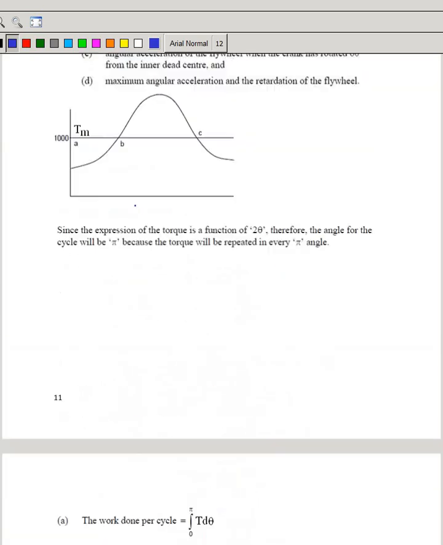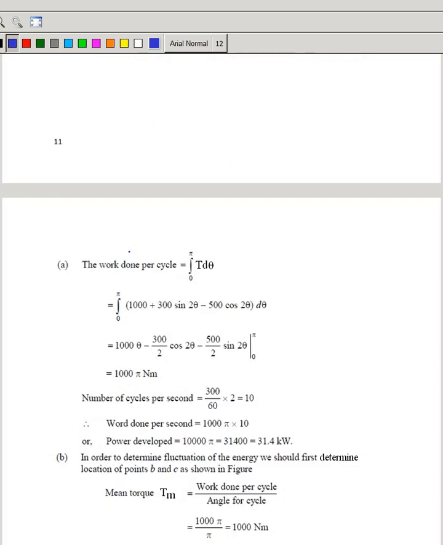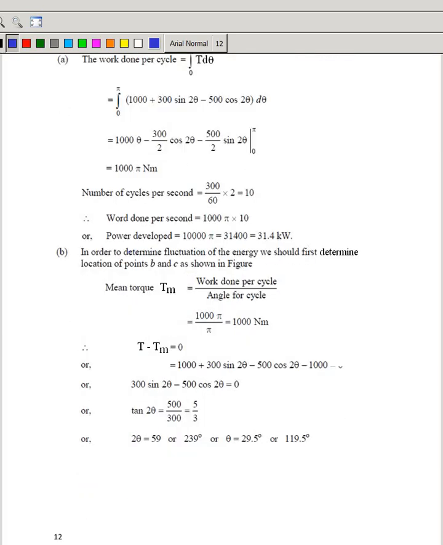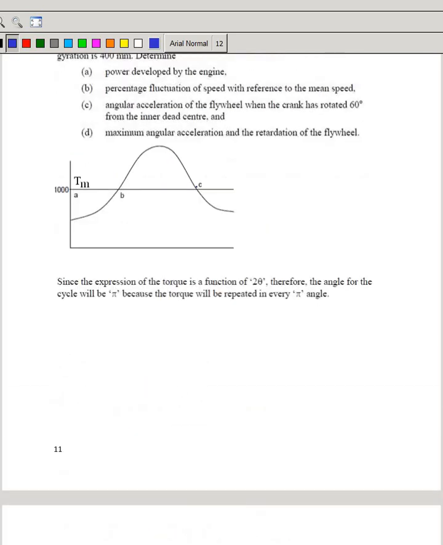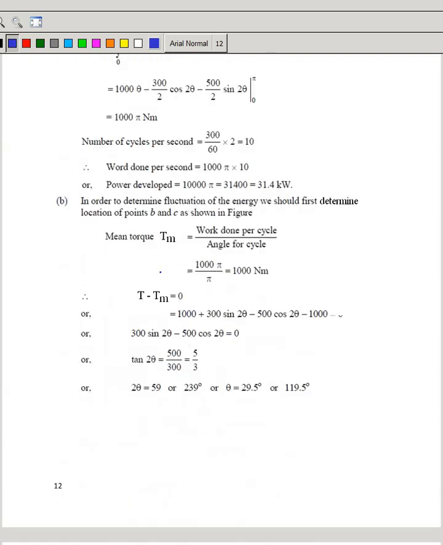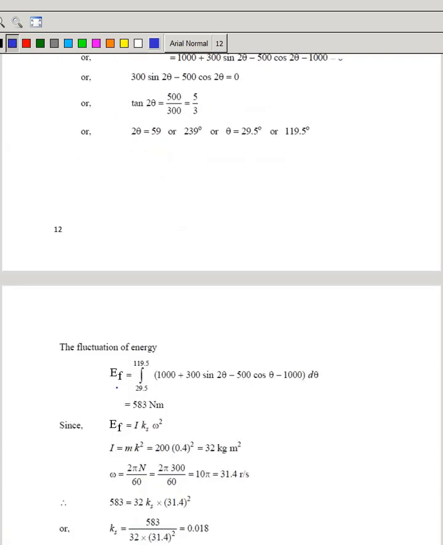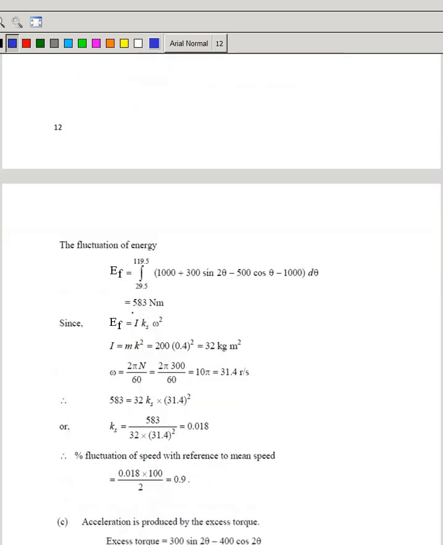The first one is here, and the second value of theta, 119.5, is for this one. Now to get the fluctuation of energy, that is the energy above the mean torque line, you take the integral of torque minus mean torque from 29.5 to 119.5, and you get 583 Newton meter.